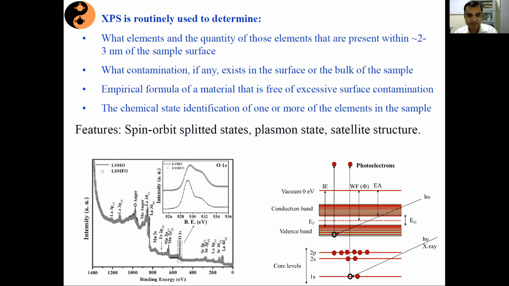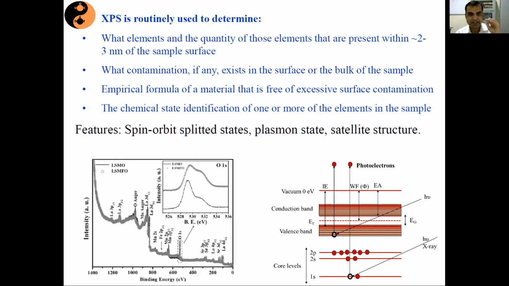Therefore, it is very important to understand that only those electrons which are very close to the surface, maybe 2 to 3 nanometers, which is generally given by the mean free path of the electron before reaching the detector, retain their original kinetic energy. In this particular photon range, this mean free path is of the order of 2 nanometers or so.